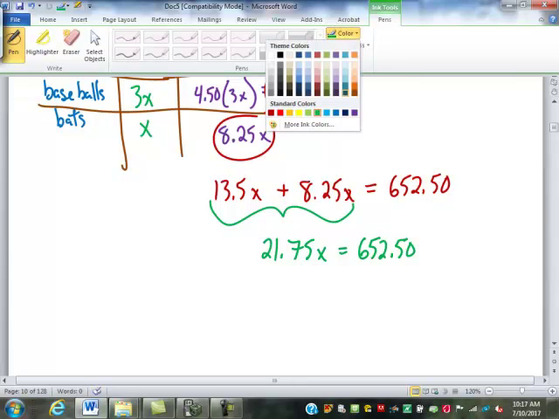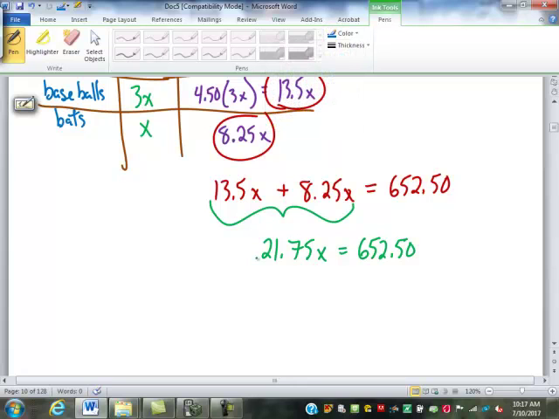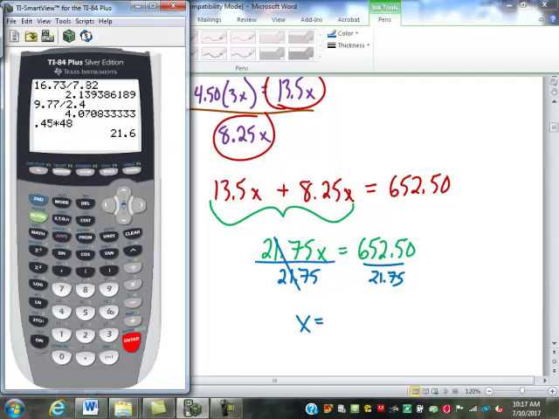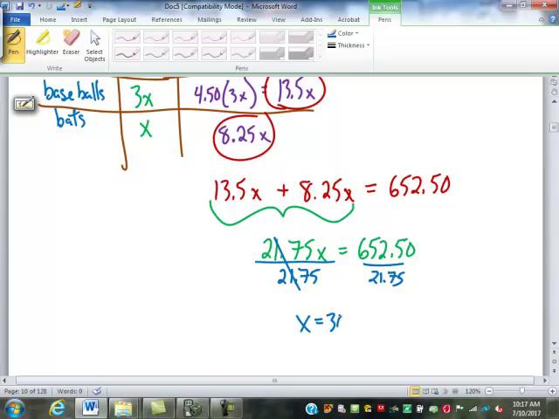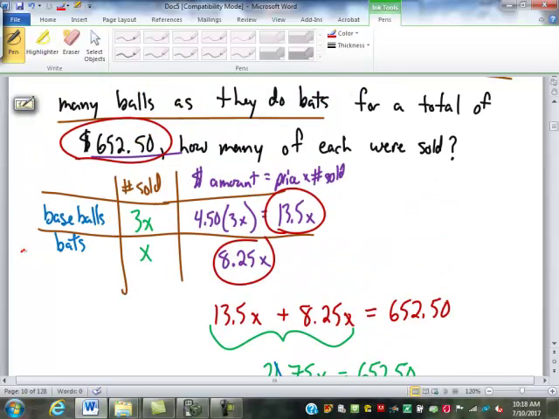And then divide by 21.75. X equals 652.5 divided by 21.75. I get 30. All done? No, I have to answer the question, right? X is the number of bats. There were 30 bats. But I still have to do the baseballs, which is 3x. So 3 times 30 is 90 baseballs.